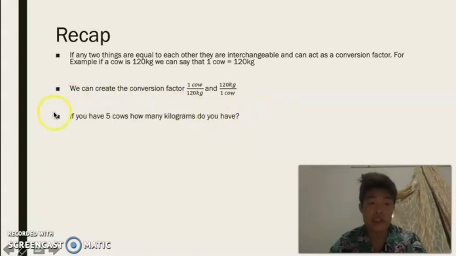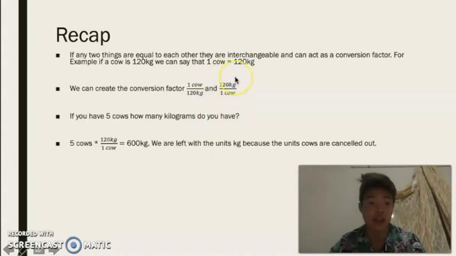So the question is, if you have 5 cows, how many kilograms do you have? Now remember, we want to look at what is the unit we're starting with, cows, and what is the unit we want to get to, kilograms. We always put the unit we want to go to on the numerator. So we want to use this conversion factor since kilograms is on top.